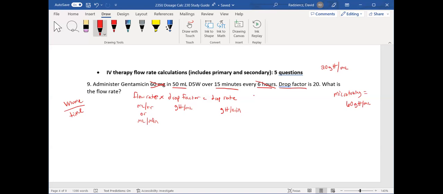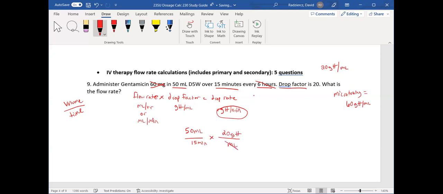So if I'm solving this question, I'm going to start off with my flow rate, which is 50 milliliters in 15 minutes. Now, because this is in minutes and I'm looking for a drop rate that's drops per minute, I'm not going to convert minutes to hours. I'm just going to take my 50 milliliters per 15 minutes and multiply by my drop factor, which is 20.